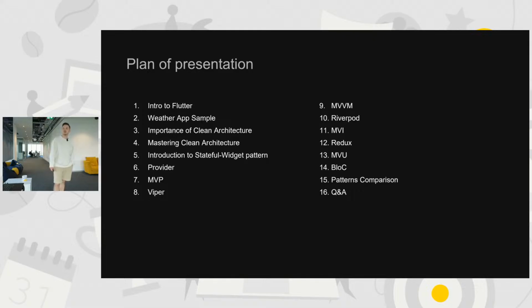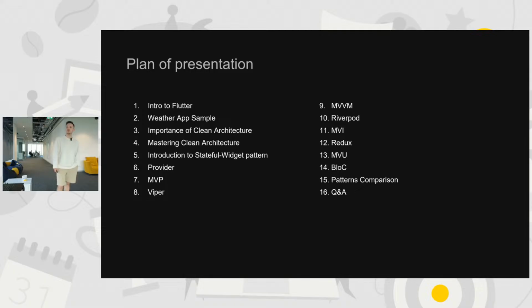So this is the plan of this presentation. First of all, we dive into Flutter. What does that mean and how does it work? Before we get started observing these patterns, we'll observe a small application which allows us to see the weather forecast. Then we'll dive into the importance of clean architecture and mastering clean architecture, obviously.